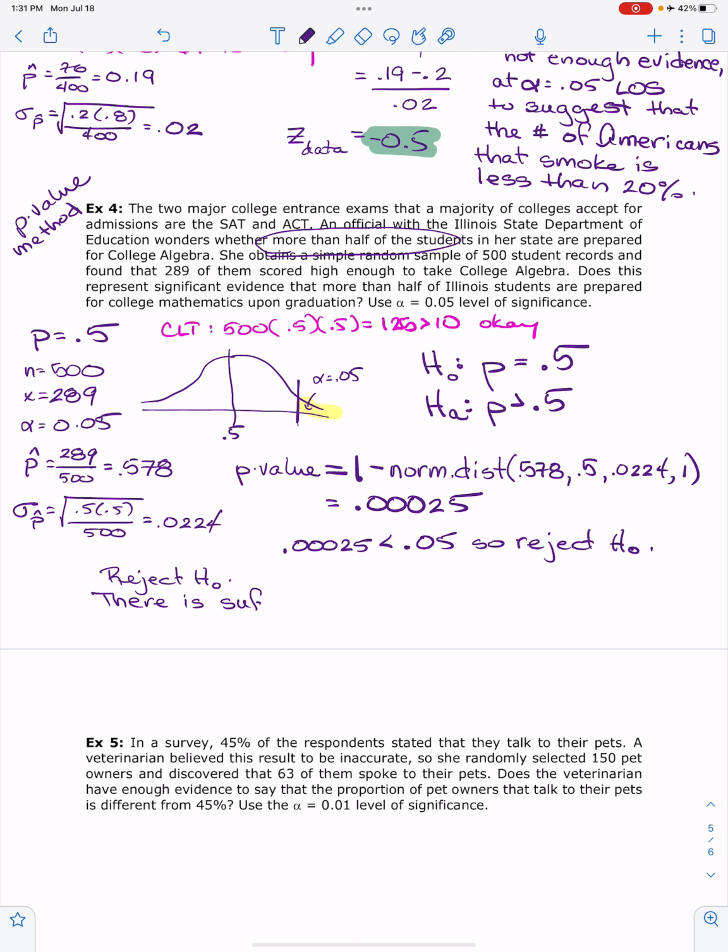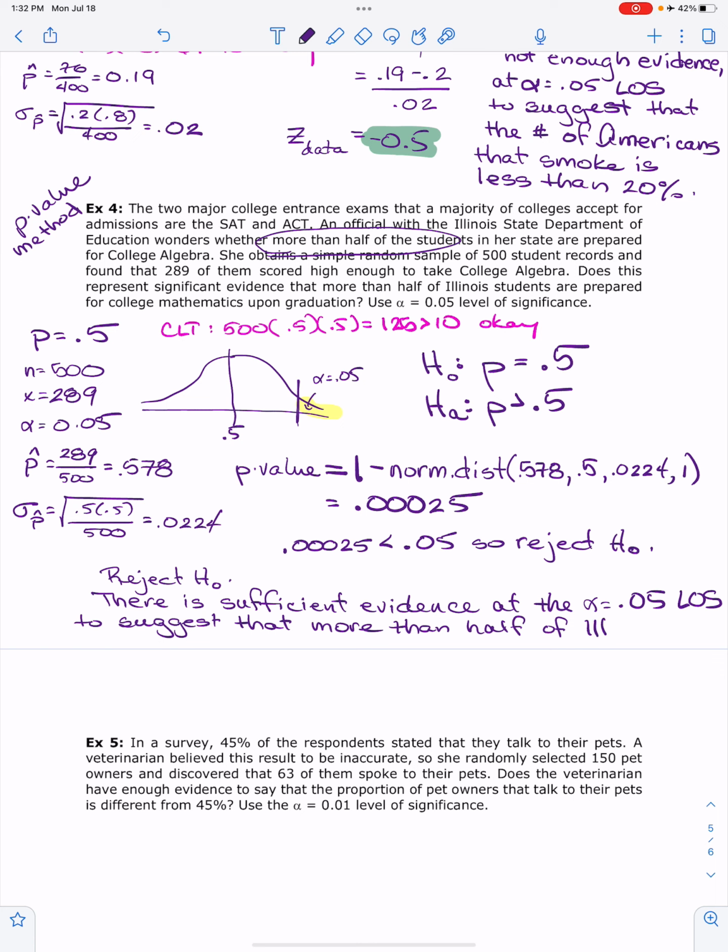There is sufficient or enough evidence at the alpha equals 0.05 level of significance to suggest that more than half of Illinois students are ready for college algebra.